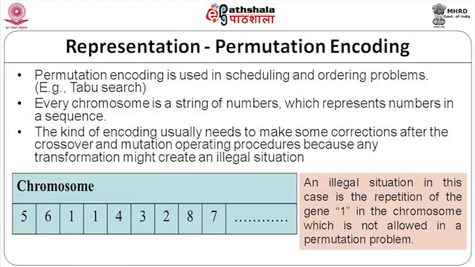The sequence of the string of numbers is fixed or decided, and you cannot violate the string conditions. Previously we had each one individual, here it is strings, that is why it is called permutation encoding. For example, this is a permutation encoding, it has numbers, but the string is decided.